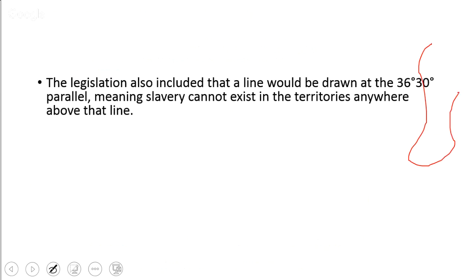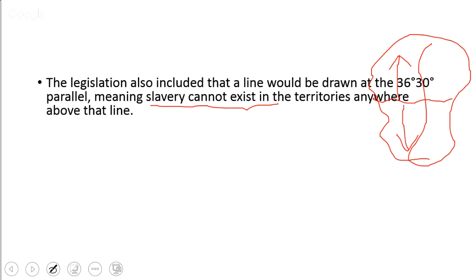I'm not sure if you still remember that. This is a huge land and there's a line called 36°30'. Any land above is free. Any land below is slave. So you see here, slavery cannot exist in the territories anywhere above that line. Did you get that?